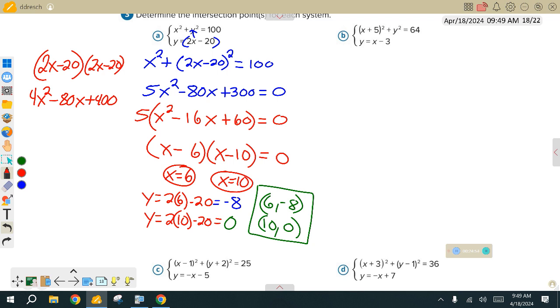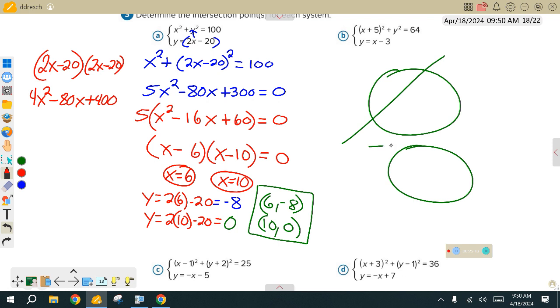And think about it. That should make sense, because what is a possibility when you have a circle? That's a circle. That's a line. How can the line and a circle intersect? 2 points, right? How else could a line and a circle intersect? How many points? What do we call that? Tangent.